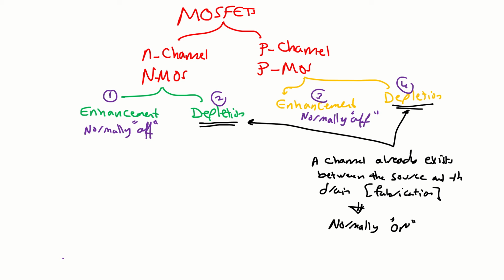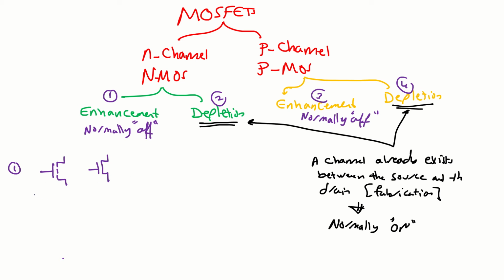Before we start, since we have enough space, I can represent each type by its symbol. Number 1, the enhancement, is like this. Or some people draw it in this way.